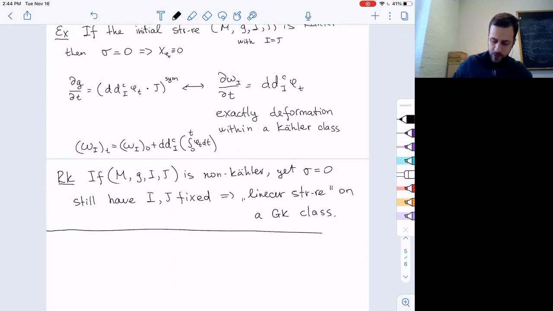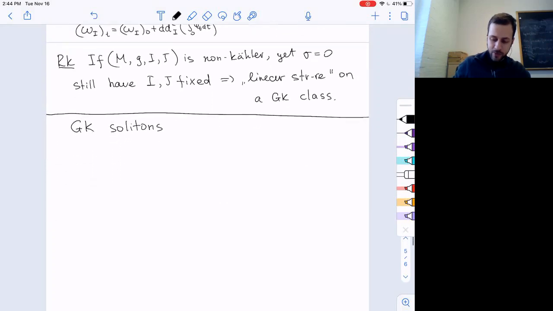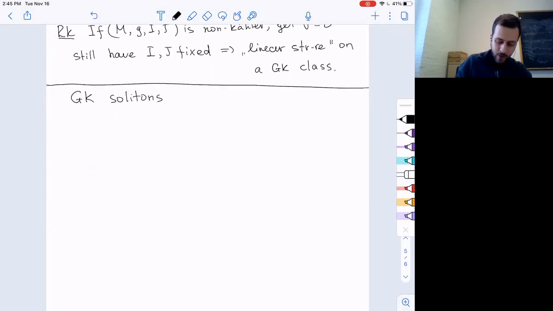All right, so that was about Hamiltonian deformations of a generalized Kähler structure. Now that we defined the generalized Kähler class, let me talk about canonical distinguished metrics which we'll be looking for in the given class. And these will be generalized Kähler solitons. Again, perhaps this is not the only relevant type of metric structures in this setting, but this is the one we're considering. So let me recall the definition which we have seen in our last session last year.